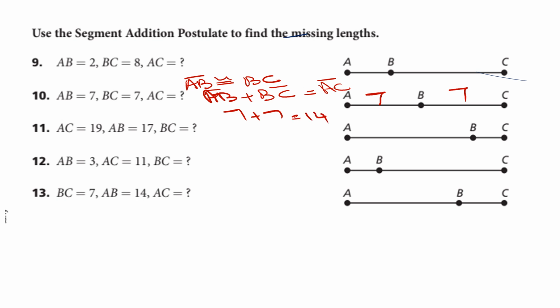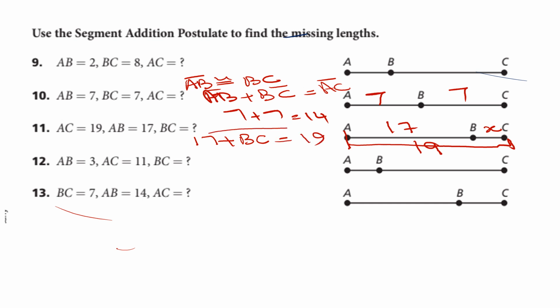Now here AC, that is the whole thing, from here till here, it is written that AC is 19, whereas AB is 17. So you have to find out only BC. How will you find out? The whole length is given and a part of the length is given. Then you will use the subtraction property. It means you will write AB is 17, BC you don't know, and AC is 19.